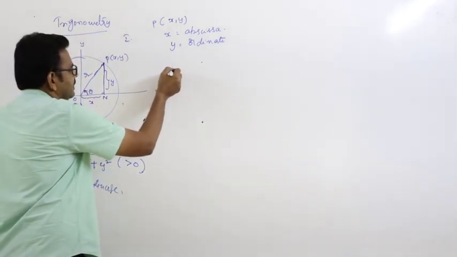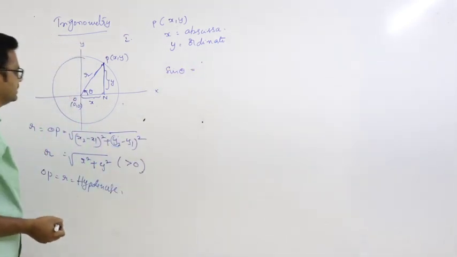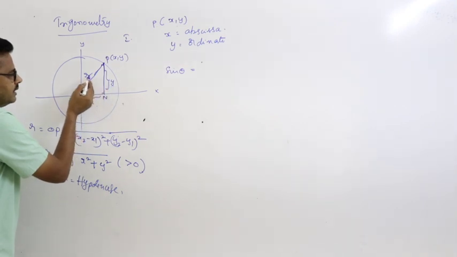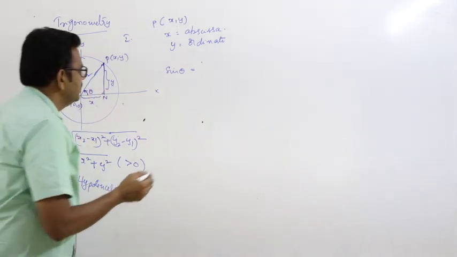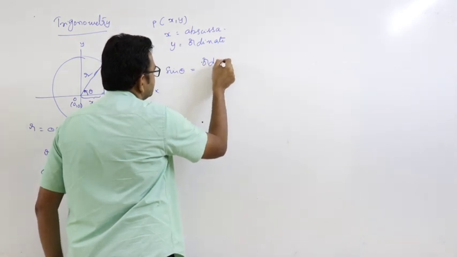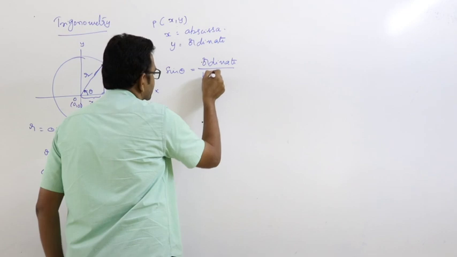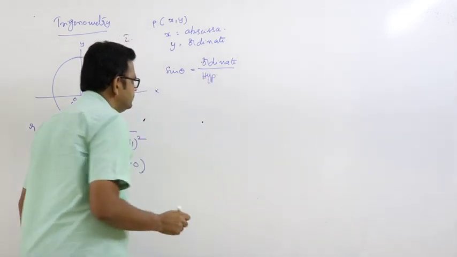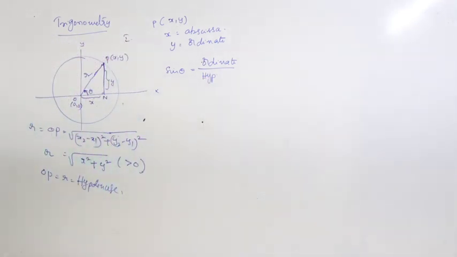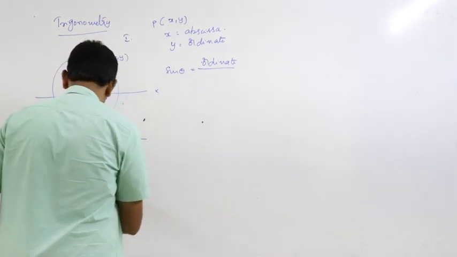Now the 6 trigonometric ratios are defined as follows. Sin theta is equal to y by r. y is the ordinate, by the hypotenuse, that means the distance.